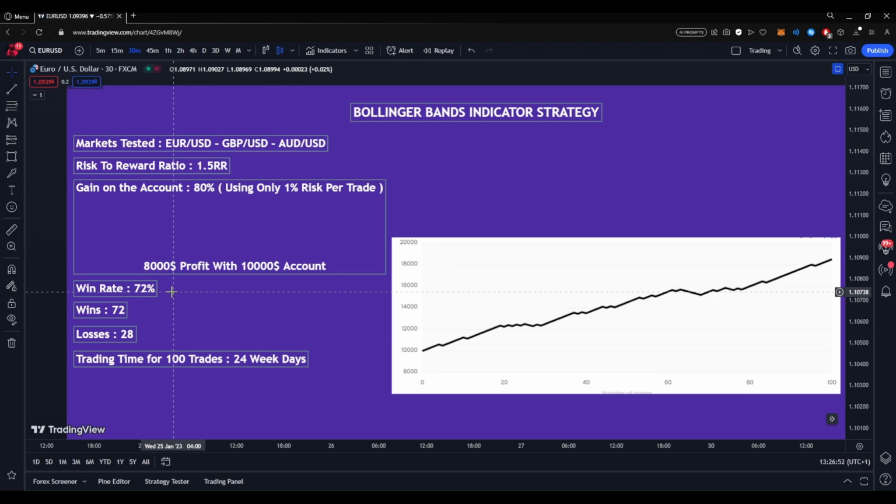And I mean, you can get much better results. In the win rate, probably not, but you can get much bigger profits using a risk-reward ratio of 3, 4, or 5. Even 2, because I used a 1.5 risk-reward ratio.